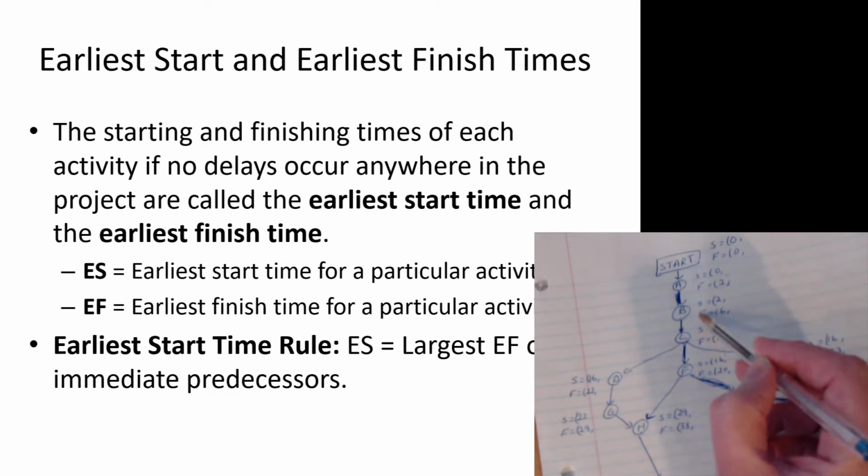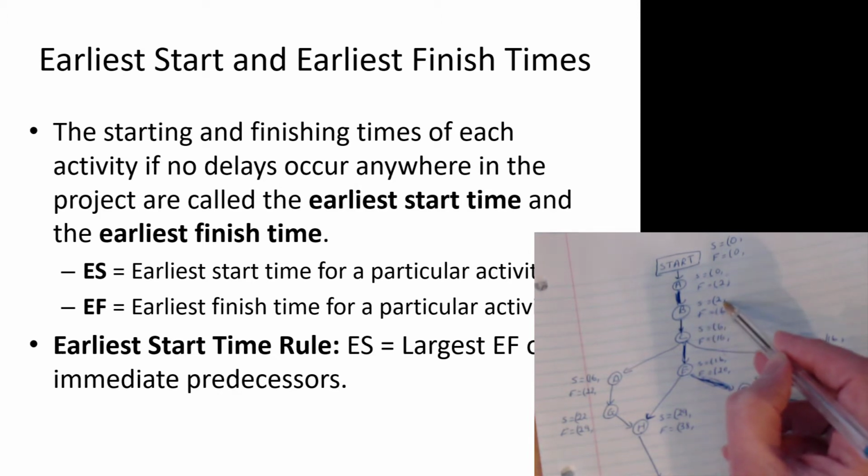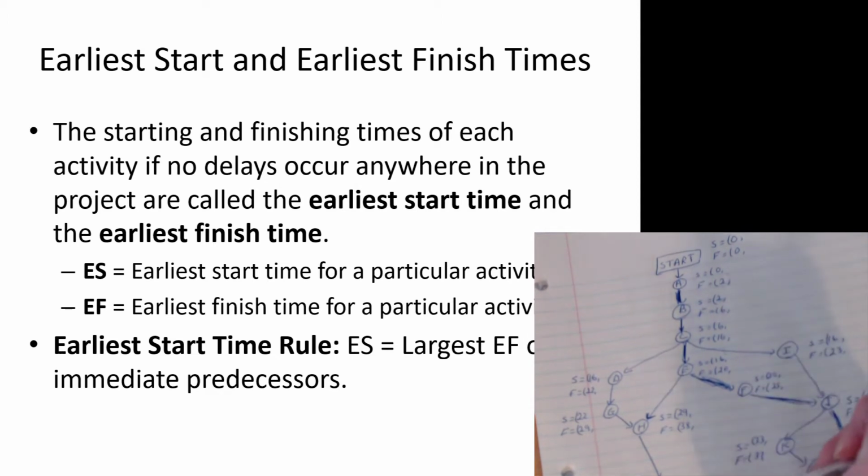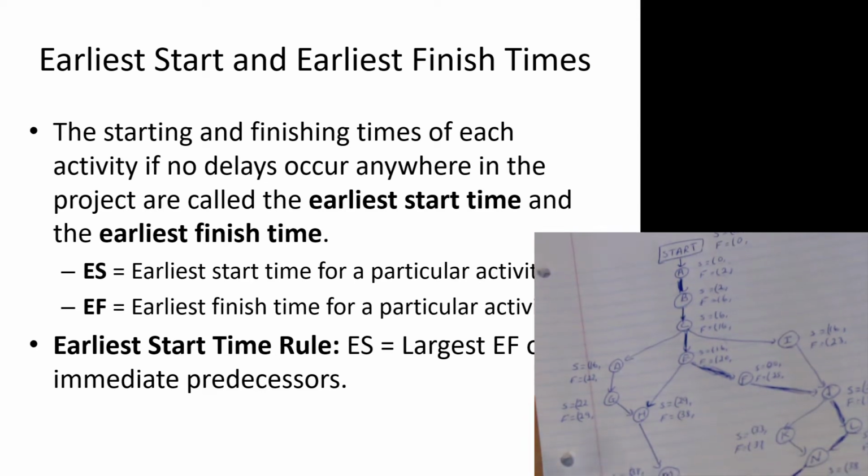When can B begin? Well, the earliest start for B is the earliest finish for the immediate predecessor activities. In fact, it's the largest of them, right? So B cannot begin until period 2, which is when A finishes. We had the more interesting case with activity H, where H depended on G and on E. And there, the earliest start for H was the largest of the two earliest finish times.